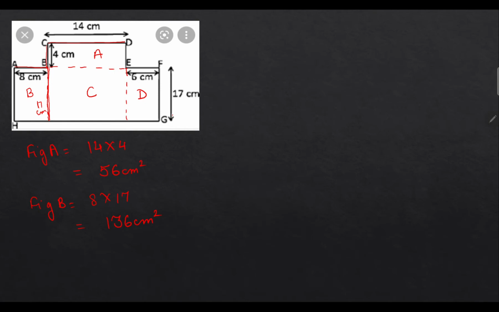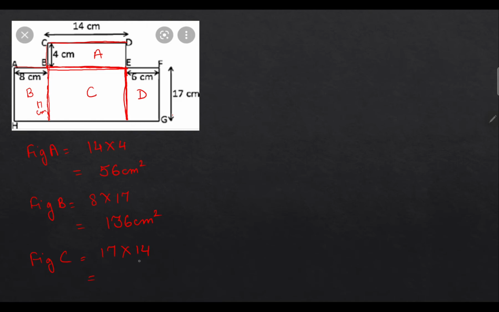Then I will find out the area of the third figure, figure C. Again, this part is 17 and this part is 14, equal to the length of CD. BE will be equal to the length of CD. So I will write 17 into 14.